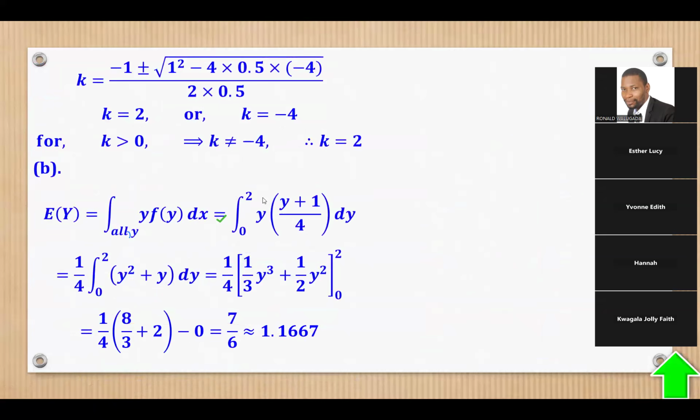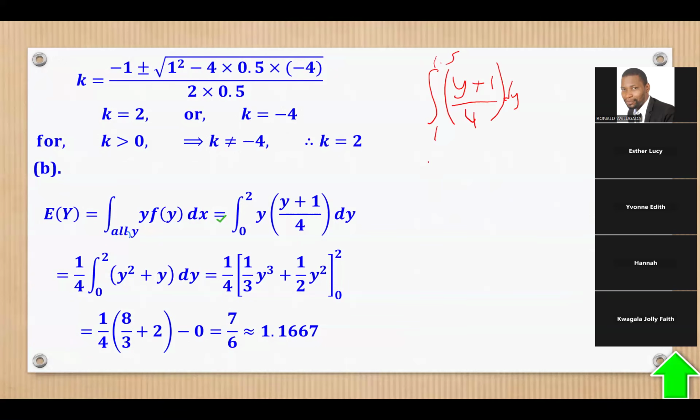What should we write? We integrate the function with 1 as our lower limit and 1.5 as our upper limit. You stay there. You're going to take us through that. So you said 1 as lower limit and 1.5 as the upper limit.